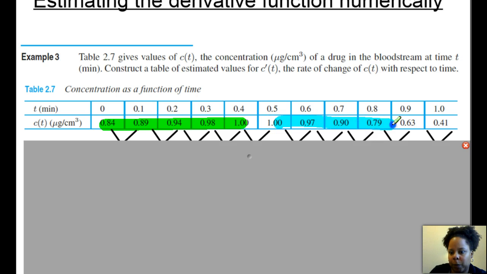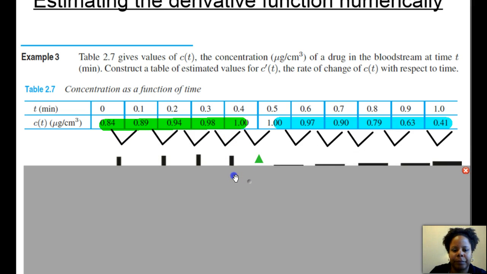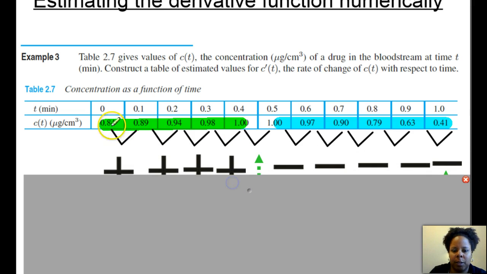So if we were to calculate the slope as the average rate of change over these intervals, which would be the way we would estimate the slope of the tangent line at these points, we would see that the tangent line would seem to be increasing from 0 when time is from 0 to 0.4 minutes and decreasing when time is from 0.5 minutes to 1 minute.